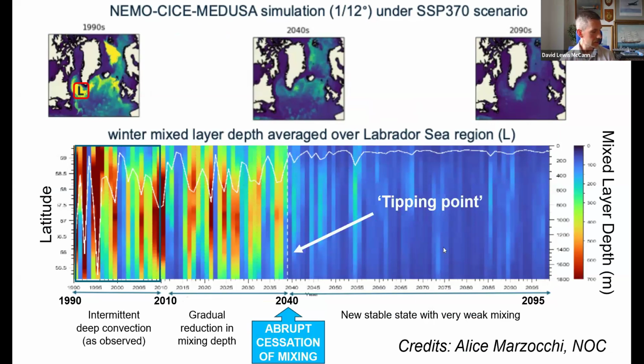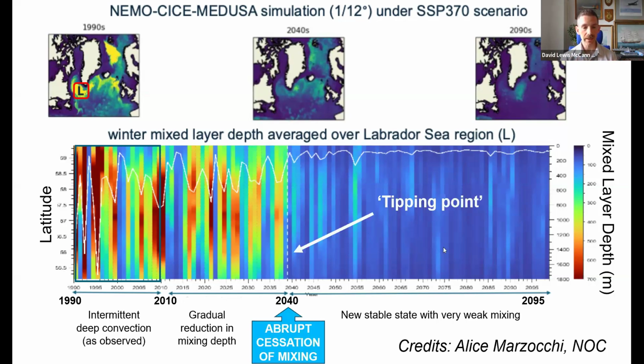One alarming thing, I guess, is that our models of this system are showing tipping points effectively. This is a high resolution model. This is some work that Alice Marzocchi, who's part of our consortium at NOC on this project, produced. This model is showing the winter mixed layer depth averaged over the Labrador Sea region from 1990 all the way up to the 2090s.